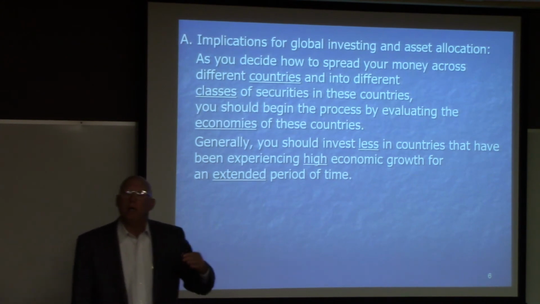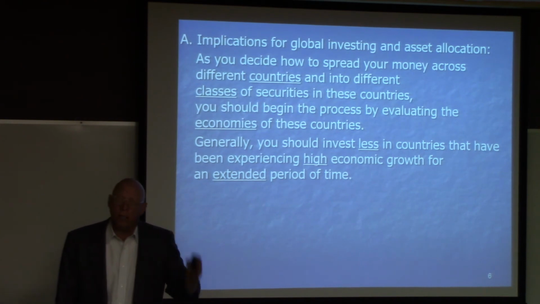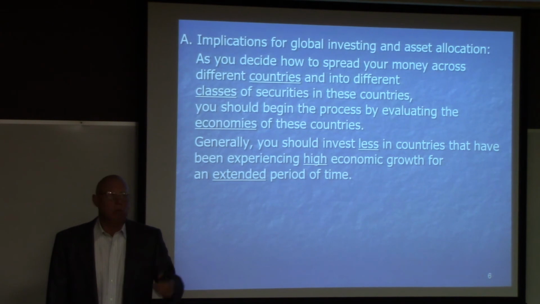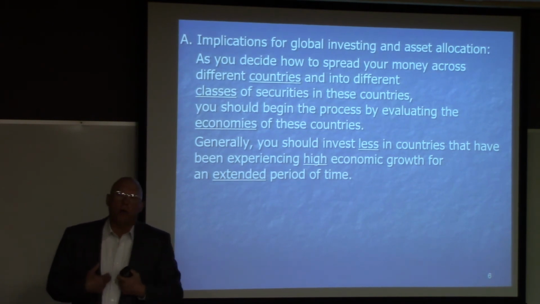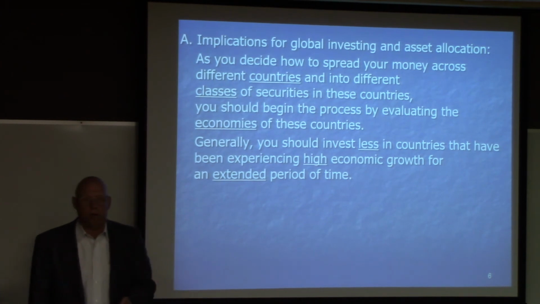That means if you have a range of asset allocation to be invested in the United States, let's say that range is 50 to 60%, I would argue that since we've been growing for 10 years, you should be closer to the 50% side of that range rather than the 60% side of that range.